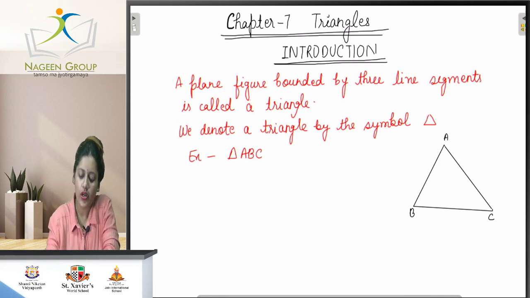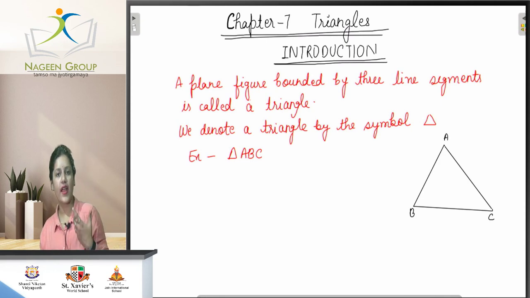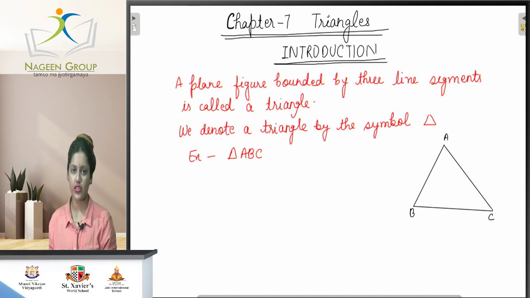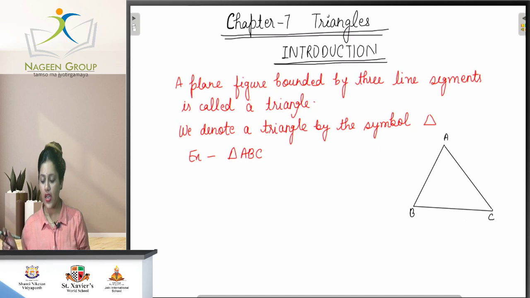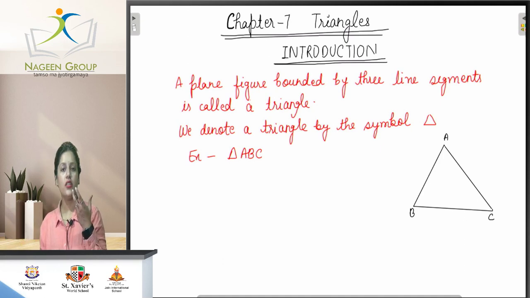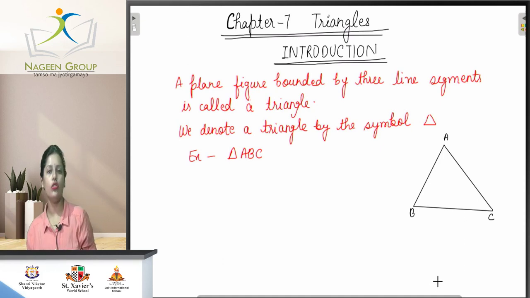Now what have we learned? We have learned that a triangle is a plane figure bounded by three line segments and denoted by the symbol mentioned here on your screen. You can see the diagram of a triangle is also made.